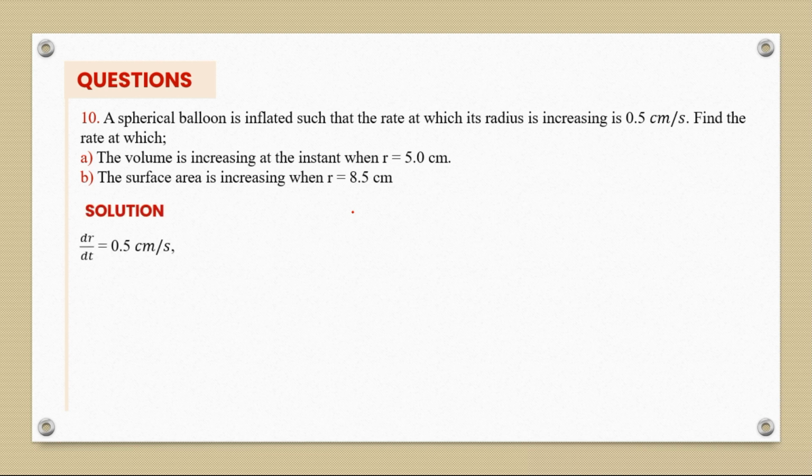So first of all, we've been given that dr/dt is equal to 0.5 centimeters per second. Now, we've been told to find the rate of change of volume in comparison to that. Now relating dV/dt to the radius, it's going to be equal to dV/dr times dr/dt.